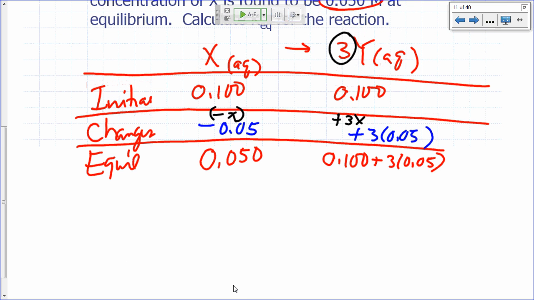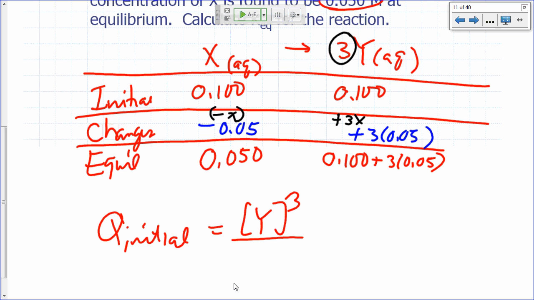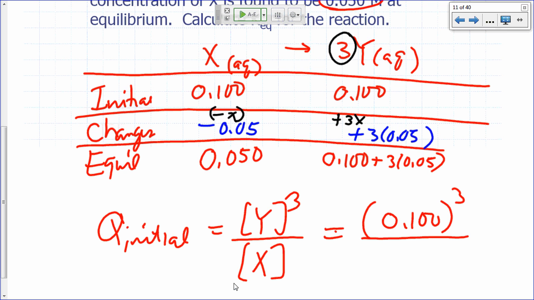So what's our reaction quotient? Initially, what's our reaction quotient? How do I calculate the reaction quotient? Concentration of Y cubed over concentration of X, right? Remember, products over reactants. So what's the concentration of Y? 0.100 cubed divided by the concentration of X, which is 0.100.